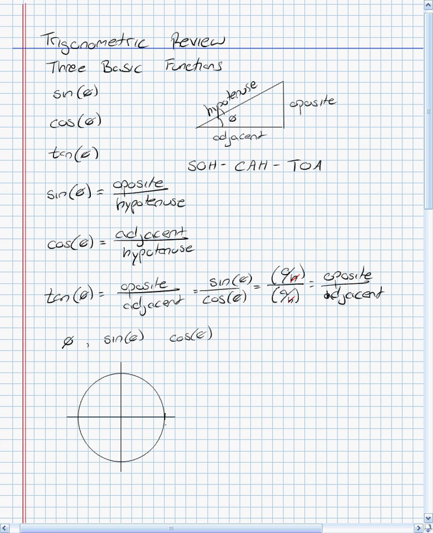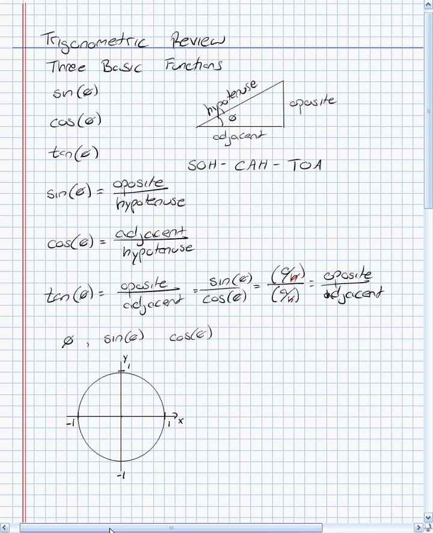So this is going to be positive 1 on the y-axis. This is going to be negative 1 on the x-axis, and this is going to be negative 1 on the y-axis. If we define a line with a radius of 1, it can be at any angle theta around this circle, always measured from the positive x-axis.